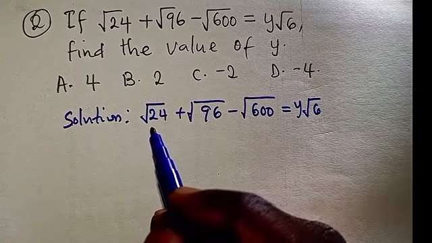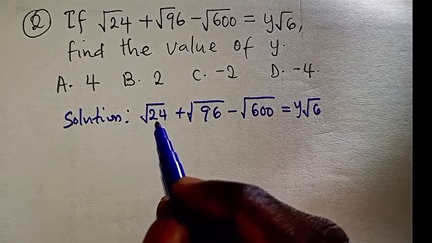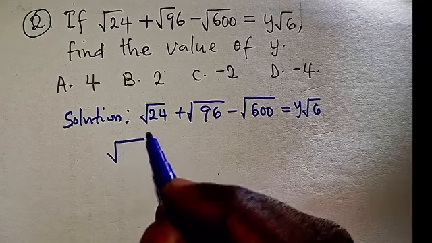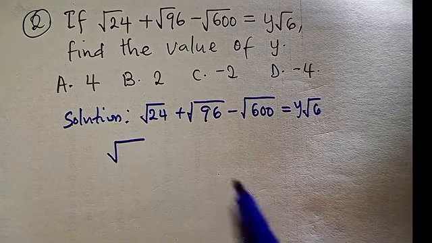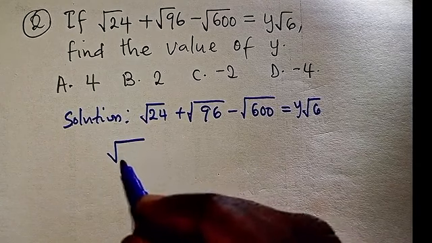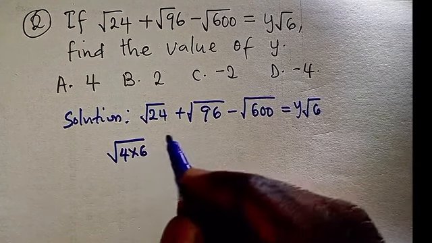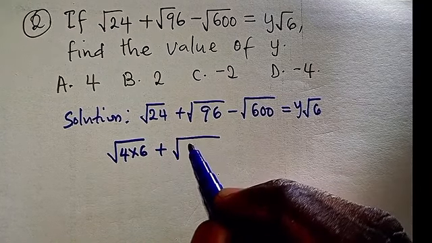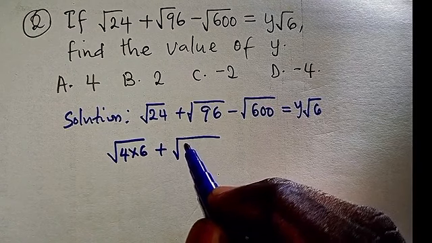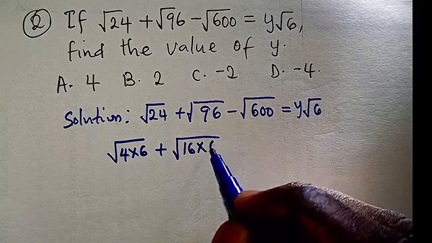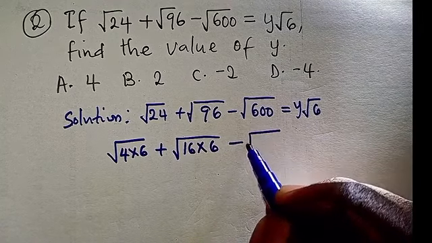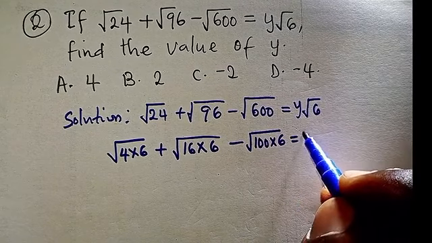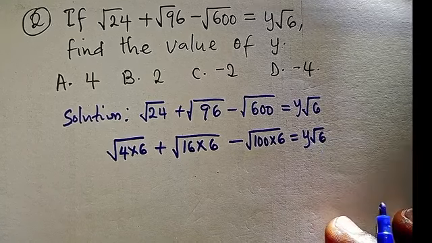Since we have root 6 here, we are going to see what happens if you divide 24 by 6. This will be split: 24 is going to be 4 times 6, plus the root of 96, which is going to be 16 times 6, minus 100 times 6, equals y root 6, right?